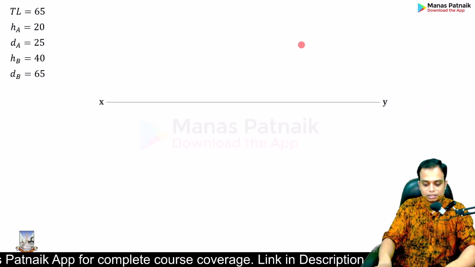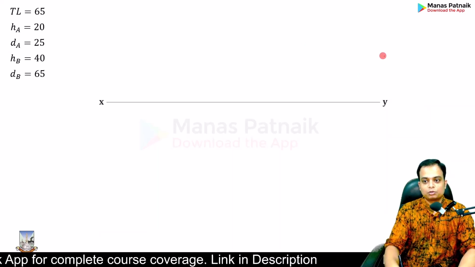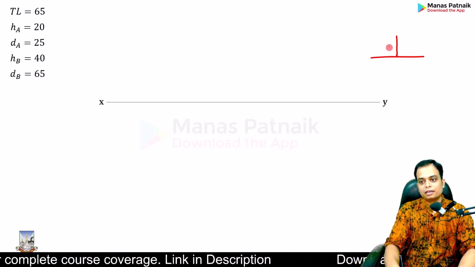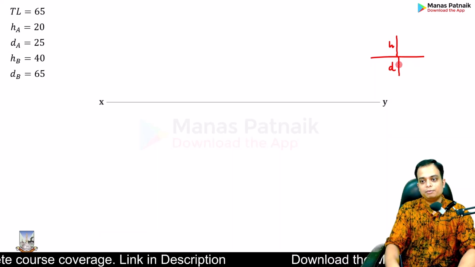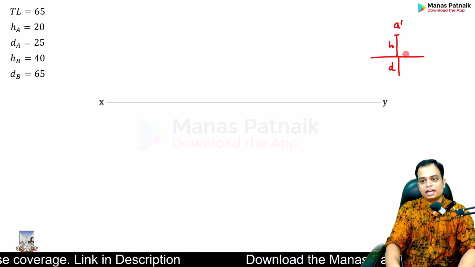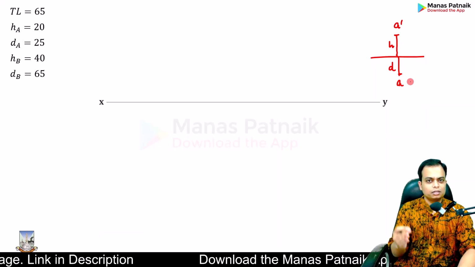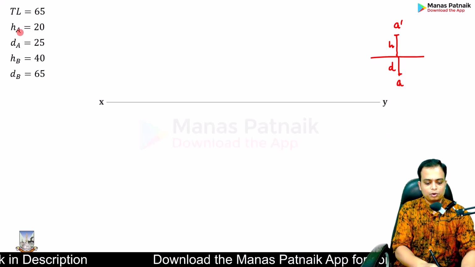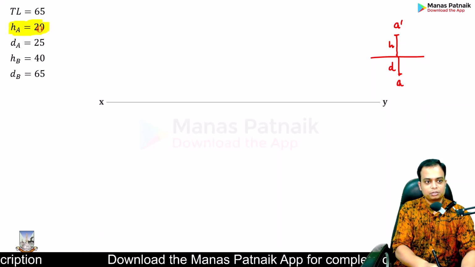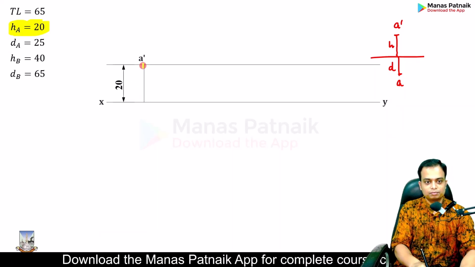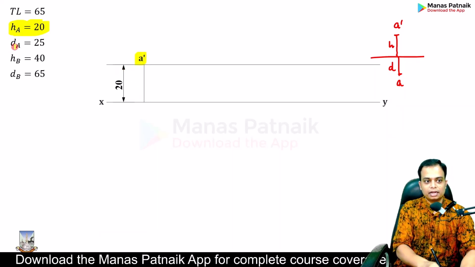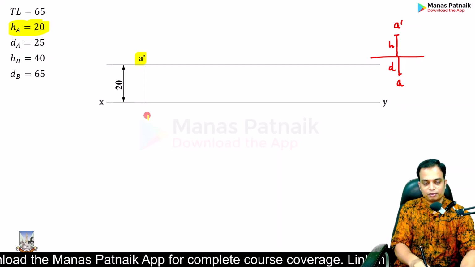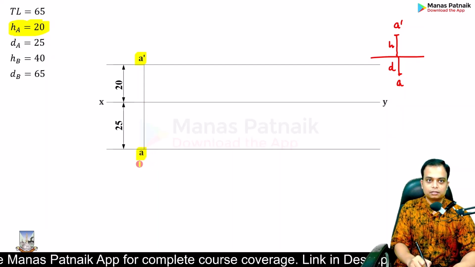So use the logic. Whenever you're talking about first quadrant, there is this XY line, H above and D below. With H, there is a dash. With D, there is no dash. Use the simple concept. I am going to be using these two data now. HA is 20, so 20 mm above. You've got a dash. And then DA is 25, so 25 mm below. No dash. It's this simple.